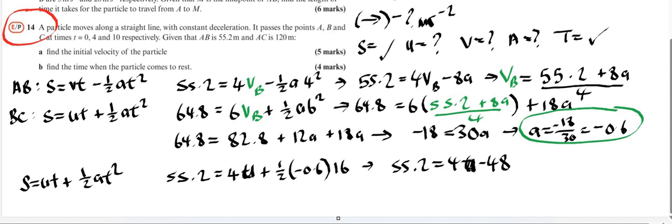Then I can take 55.2 plus my 48, and divide that by 4. So I've got 25.8 equals my initial velocity.